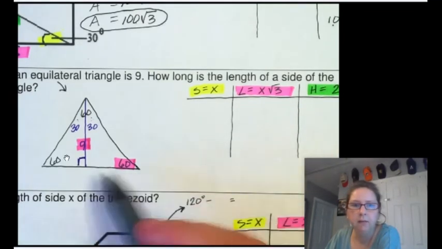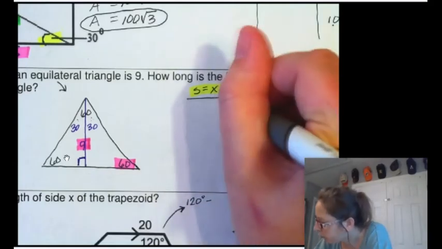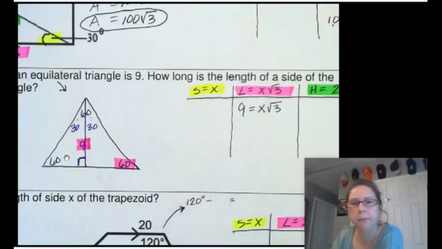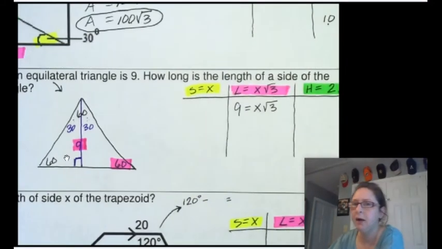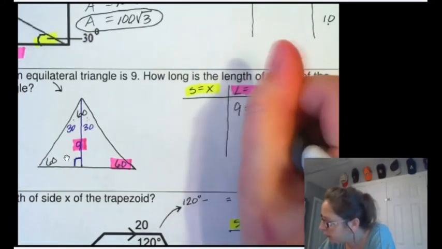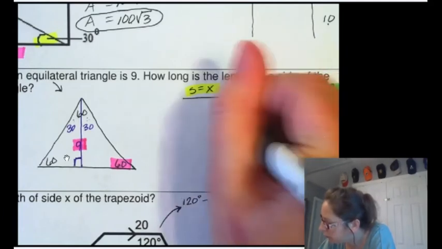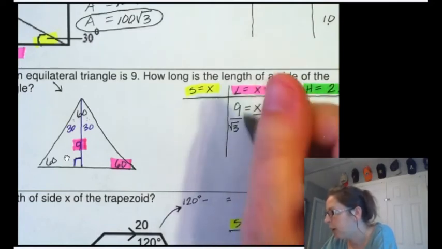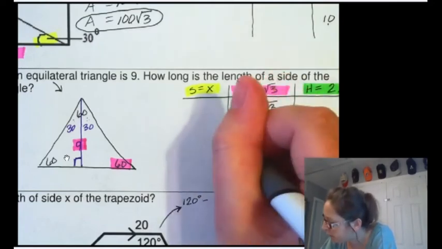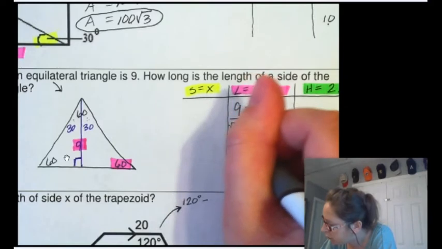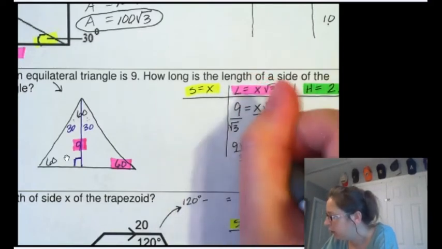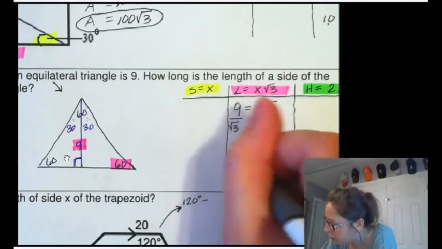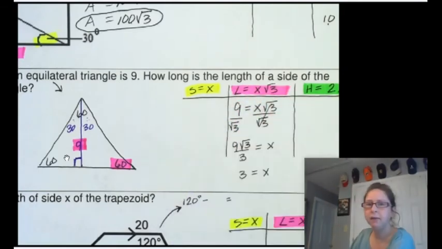So the large leg's value is 9. So 9 equals x square roots of 3. Let's go ahead and divide by square root of 3. When I multiply top and bottom by that, I'm going to get 9 square roots of 3 over 3, which I can simplify. 9 divided by 3 is just 3. So the value of x is 3.